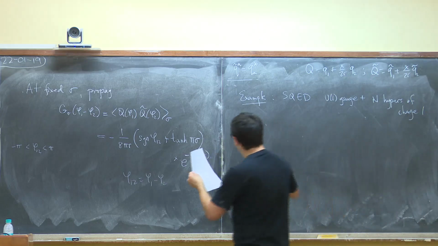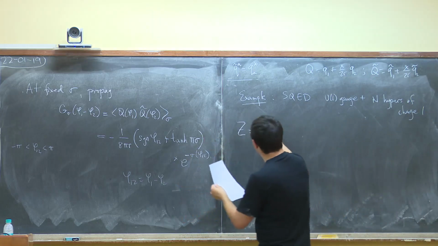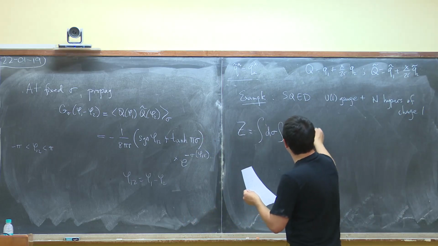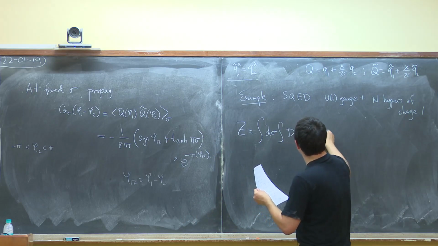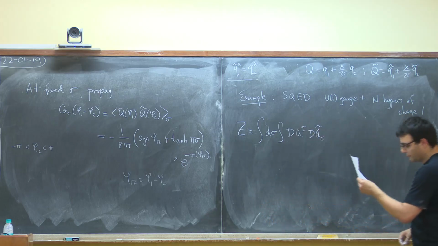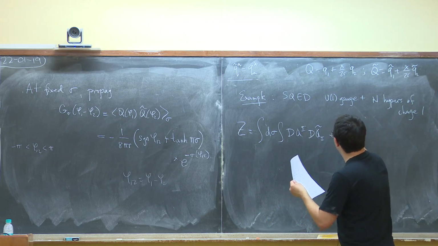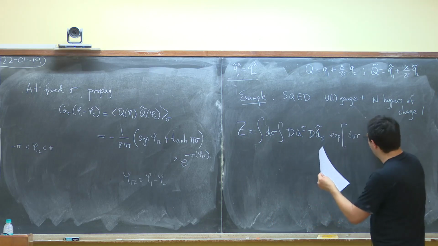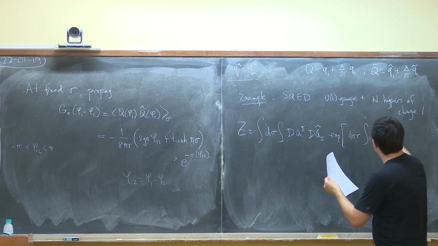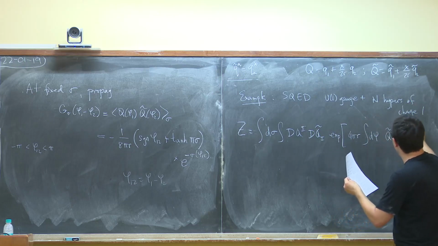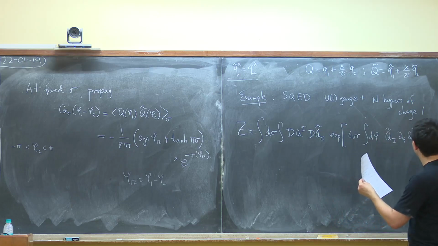In this case, in the theory Z, there's just one sigma, there are n q's and n q tildes, and we have e to the 4 pi r integral of d phi q tilde_I d phi q_I plus q tilde_I sigma q_I.